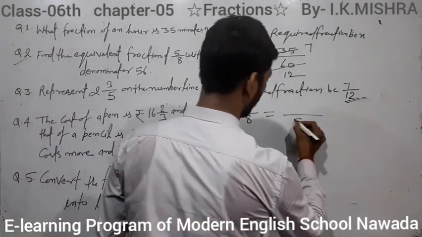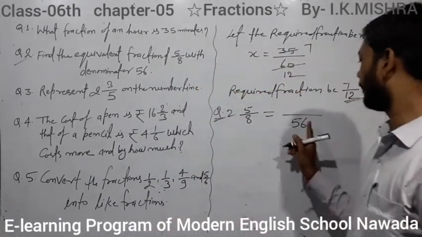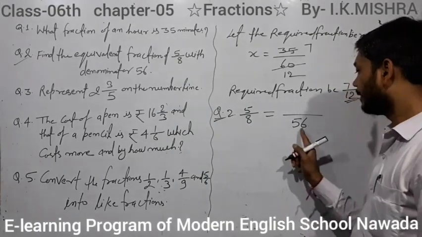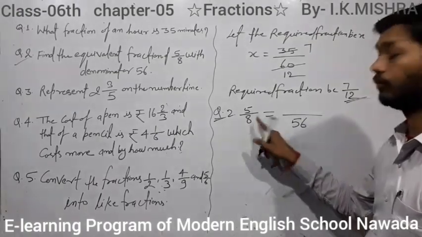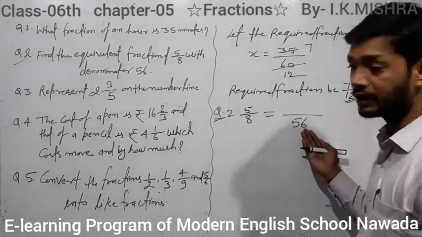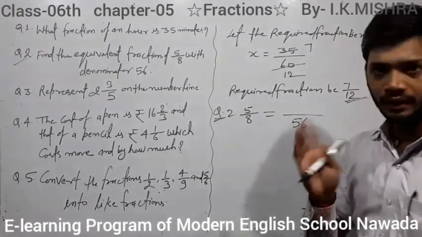You know how much to multiply 8 by to get 56. So divide 56 by 8 and get quotient 7.